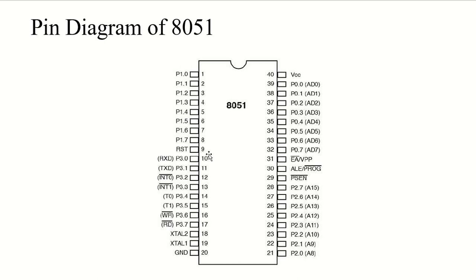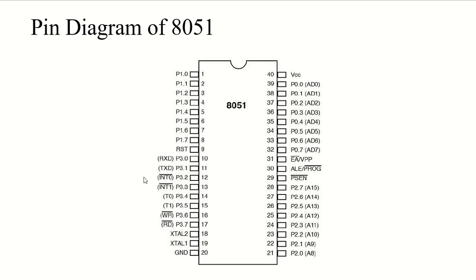Then we have pin number 10 to pin number 17, which go from RxD to RD, right? These pins are collectively known as port 3 pins, and this port serves functions like interrupts, timers, control signals, serial communication signals, etc. So you can see this is the RxD signal.